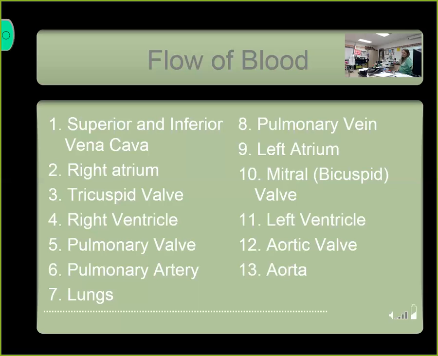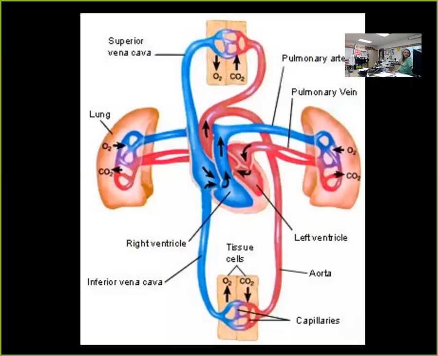If you look at this, it's basically a two-dimensional version where they flattened it all out. You can see it comes in from the body: inferior vena cava, superior vena cava, right atrium, tricuspid valve, right ventricle, pushed back up through the pulmonary or pulmonic valve, pulmonary artery to the lungs, picks up oxygen, comes back in through the pulmonary veins.